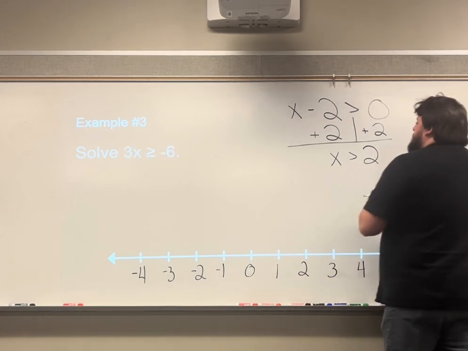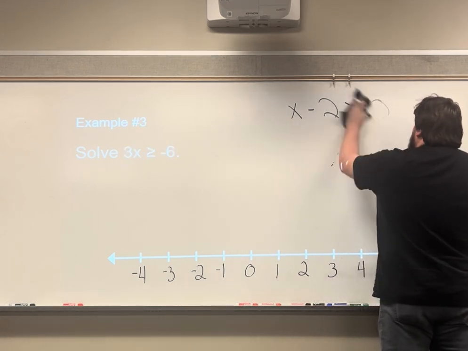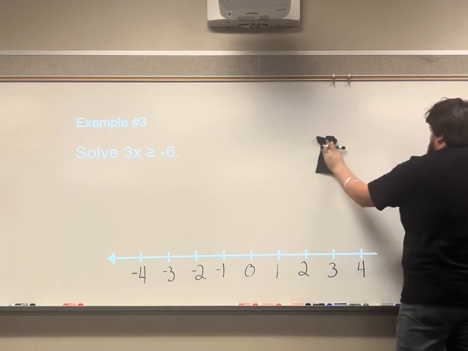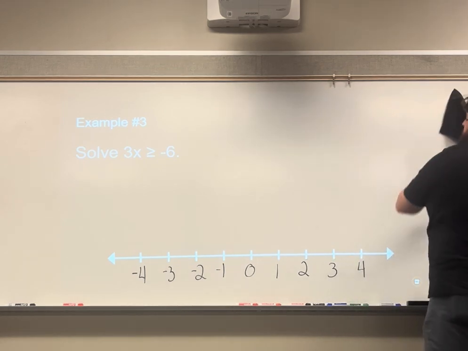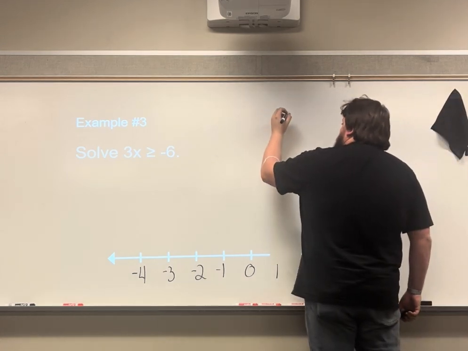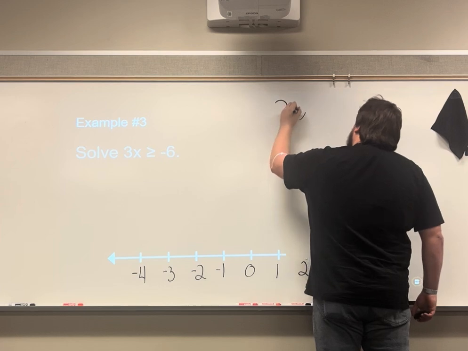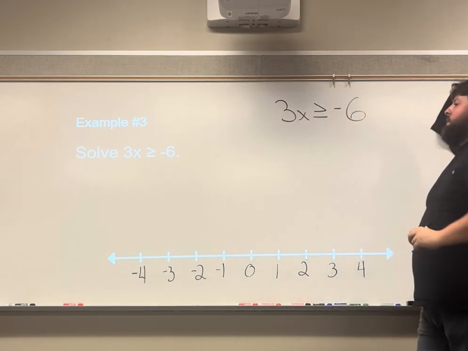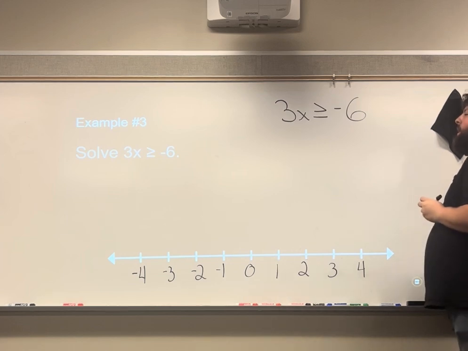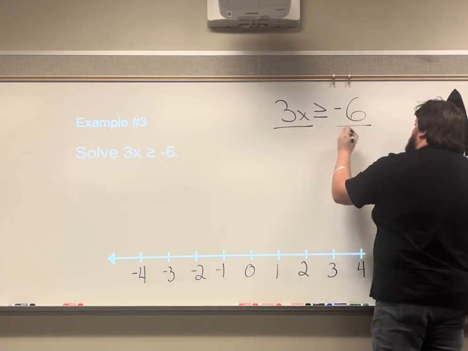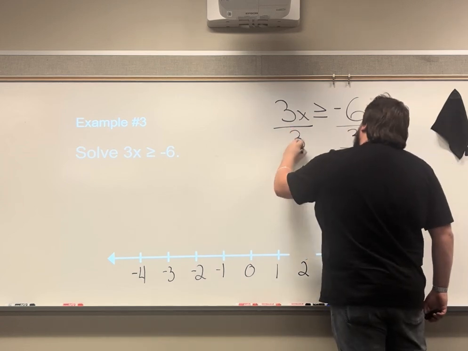Example 3. We have 3x is greater than or equal to -6. We see multiplication, so we're actually going to divide both sides by 3.